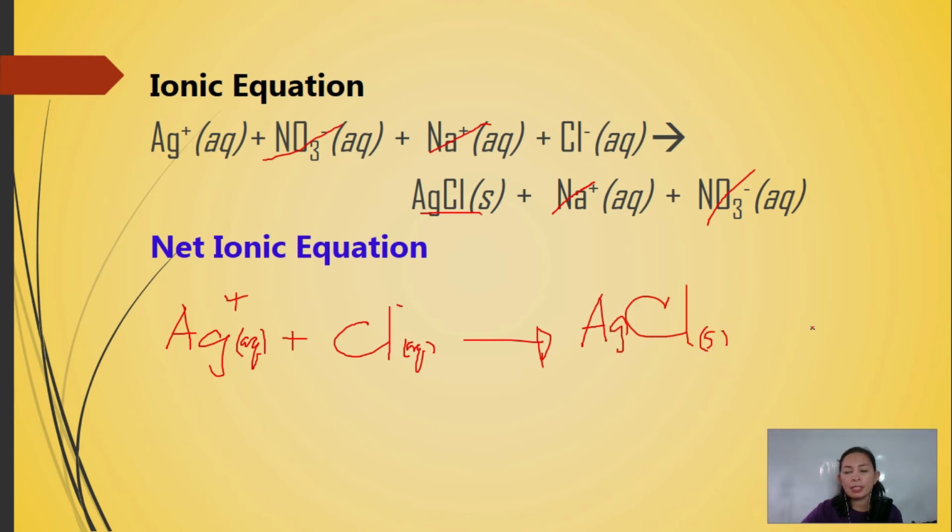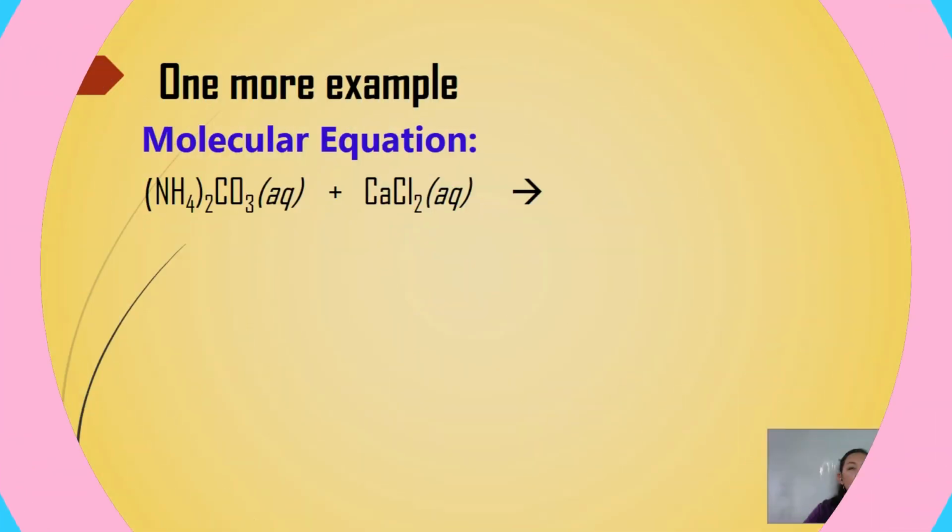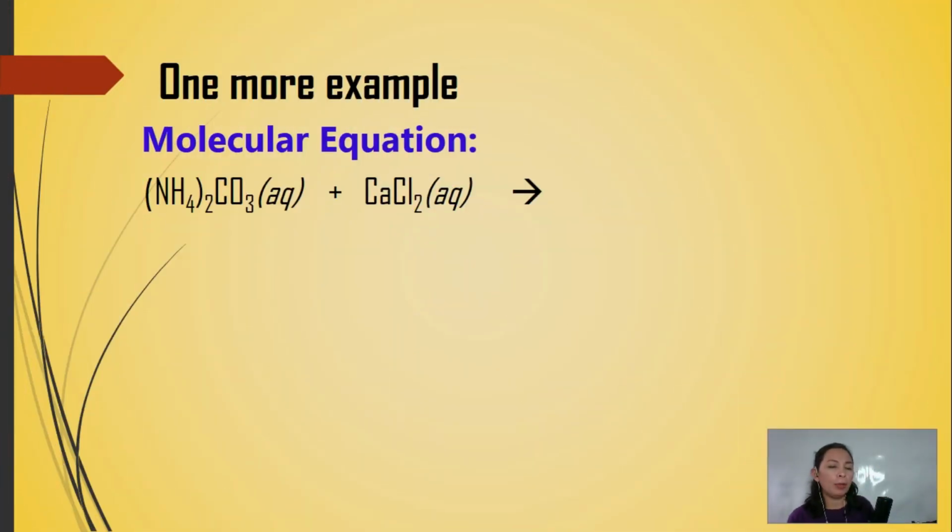So far, this is our net ionic equation. Naintindihan, my dear students? Do you understand? Okay, very good. And by the way, what are our spectator ions in here? So we have nitrate ion and sodium ion. These are our spectator ions. Okay, one more example.